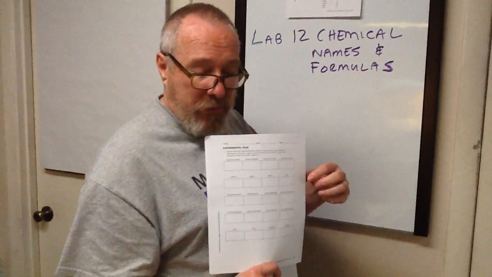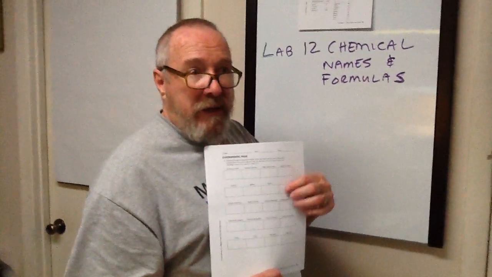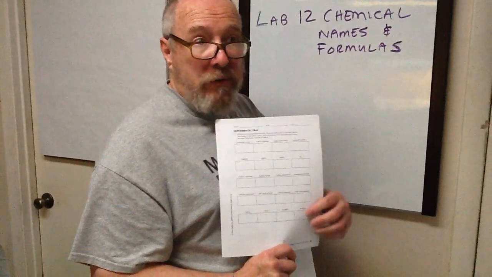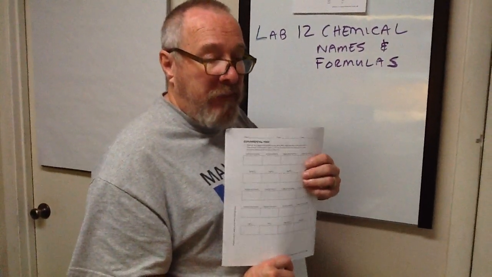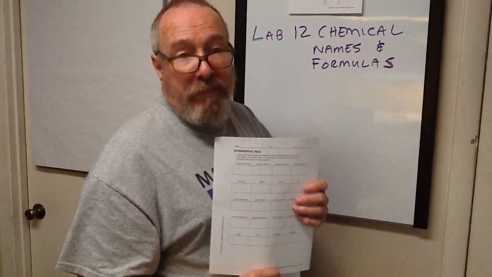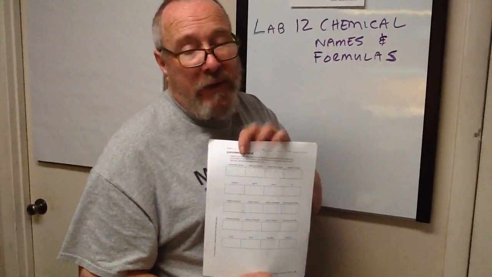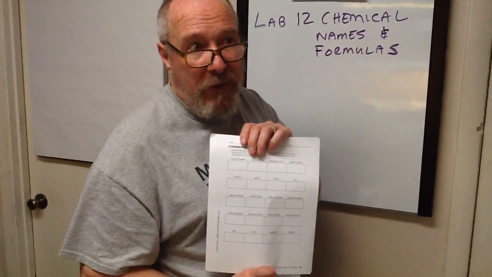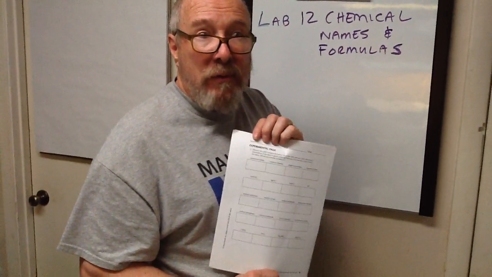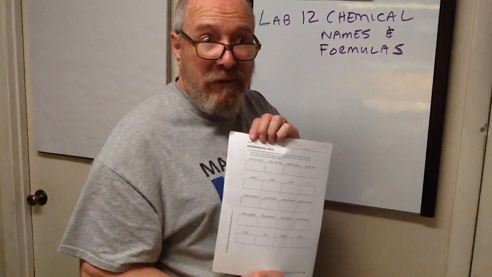My wife actually ordered it for me, but I need to get this PDF in an editable format, and I will work on doing that. In the meantime, however you want to do it, print it out, or if you don't have printing capabilities, you can just write your answers on a sheet of paper. And get that back to me, and we'll get you another lab grade for this.